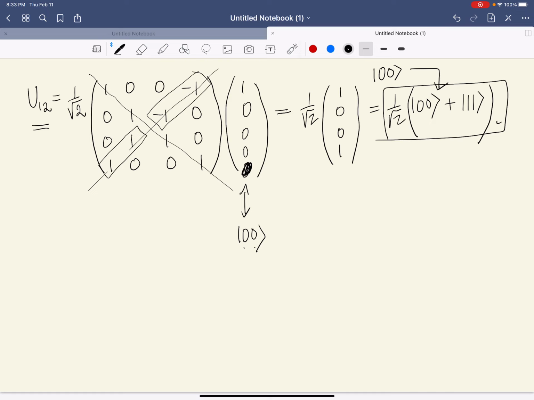So now I want to explore the mathematical structure of this unitary matrix. And to that end, I need to introduce you to something called the tensor product.